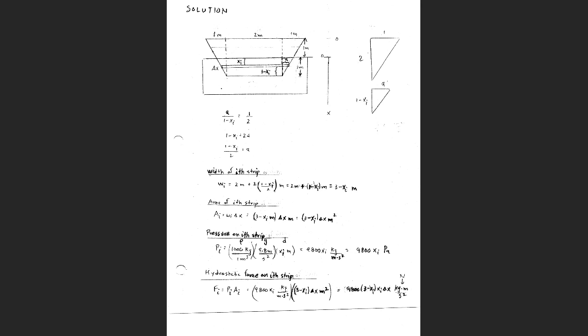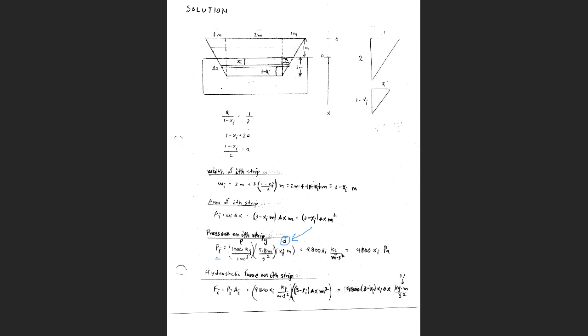Because x sub i is the distance that the ith layer of water is from the top of the water line. The pressure is dependent on, now remember, we're dealing in metric units here. So the problem we did previously, we computed the pressure a little differently.